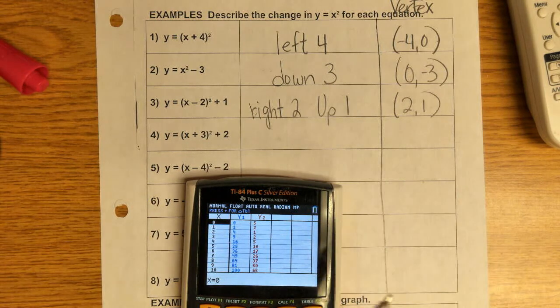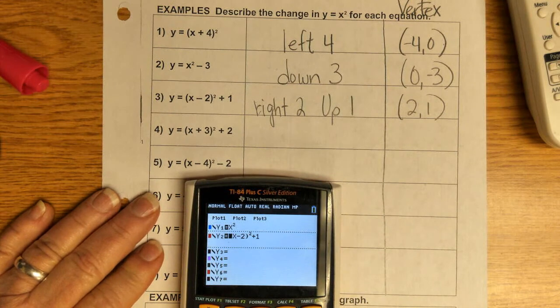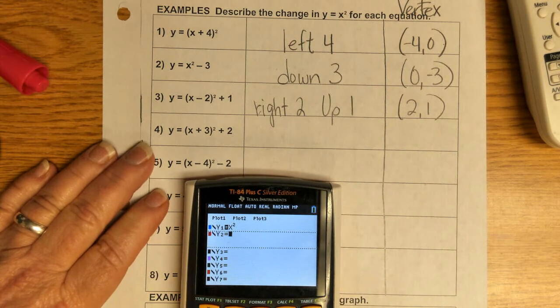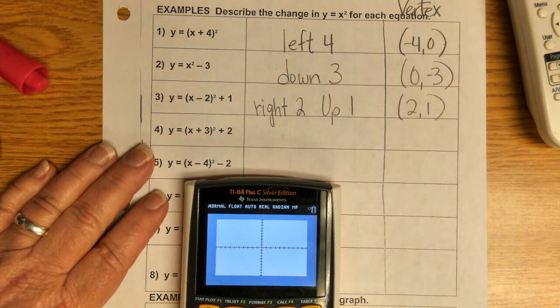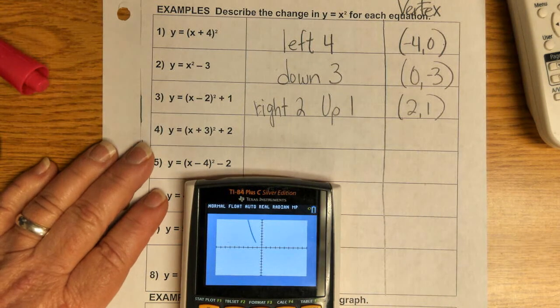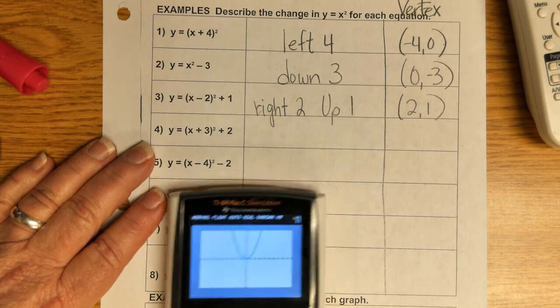Okay, so let's go back to y equals, and we're just going to do the rest of these. I've got (x plus 3) squared plus 2. I'm going to graph that. Hopefully by now you've seen the pattern.